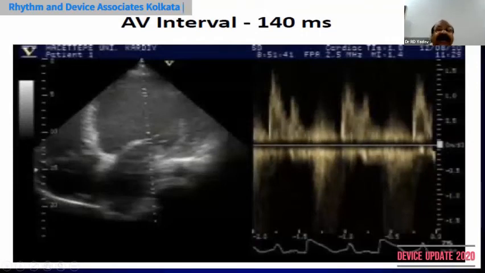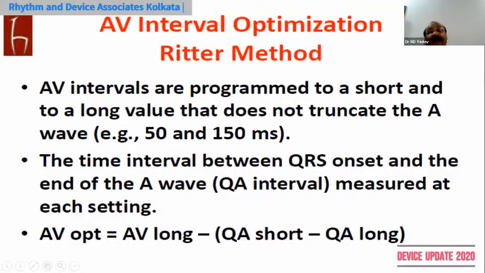So, AV interval optimization by the Ritter method, although this is found to be not that effective, if you ask me, I will tell definitely. AV intervals are programmed to a short and to a long value, say 50 and 250 milliseconds, and then the time from Q to A interval is measured in the echo, and the optimal AV interval is determined by the AV long interval, say 150 milliseconds, minus the difference between QA short and QA long. QA short will be longer and QA long will be shorter.